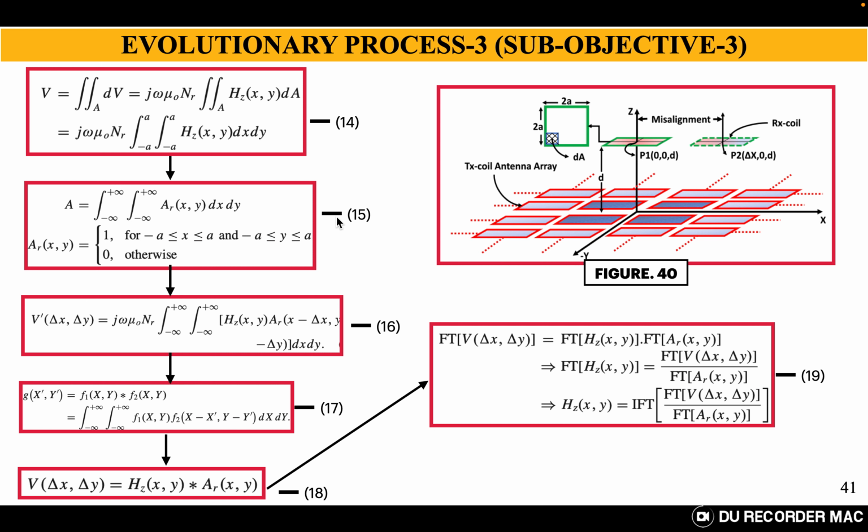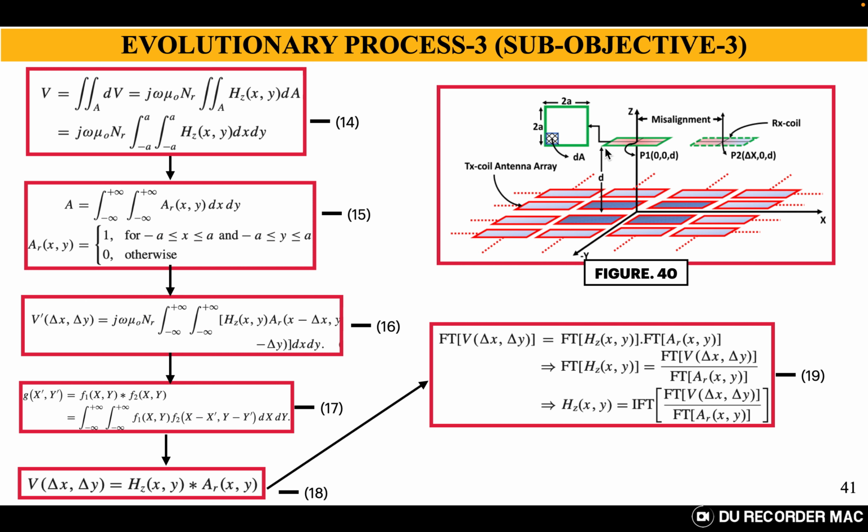Now equation 15 signifies the effective area of the receiver coil. Generally the area can slide from this point to this point, to any point, so it can be from minus infinity to infinity. Let us say AR of x comma y is the area vector, with dx dy. When the x limits are from minus a to a and the y limits are from minus a to a, it represents 1, and otherwise it is 0.